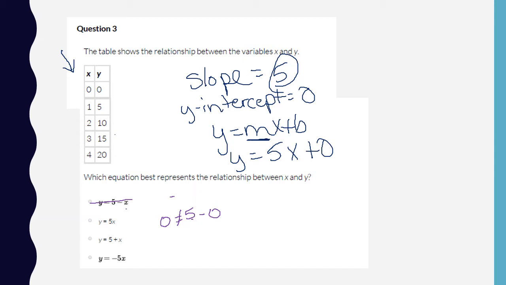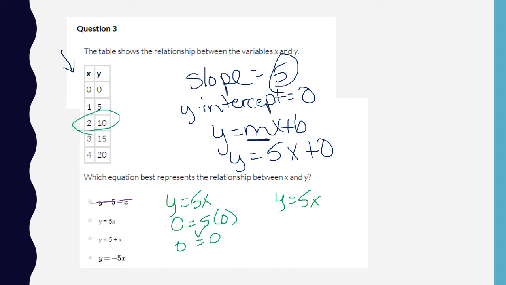Okay, so I can erase that and I could try again. Y equals 5x. So I can try 0, 0. 5 times 0 is 0. So that's true, but I don't always want to go with my first answer. I want to check one more time. So I'm going to pick another point.